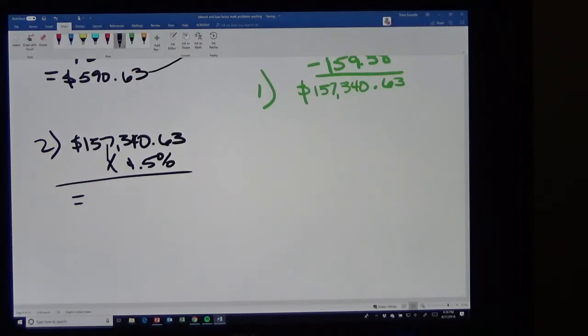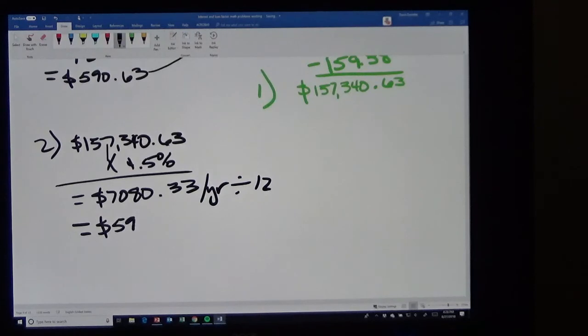And that is $7,080.33 per year in interest. And we want to divide that by 12 to get it down to monthly. And that equals $590.03 in monthly interest.